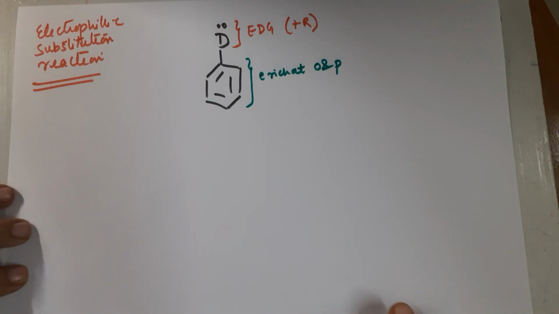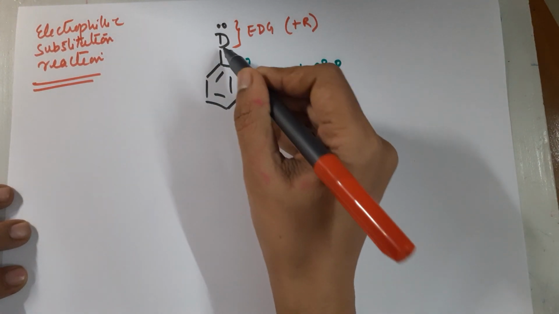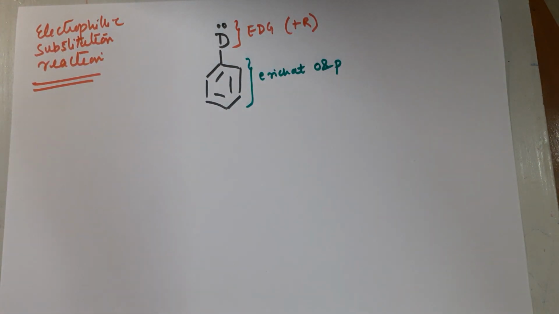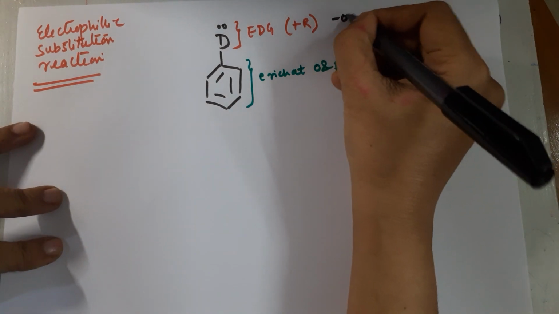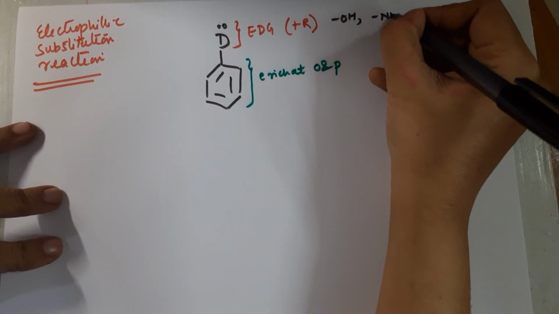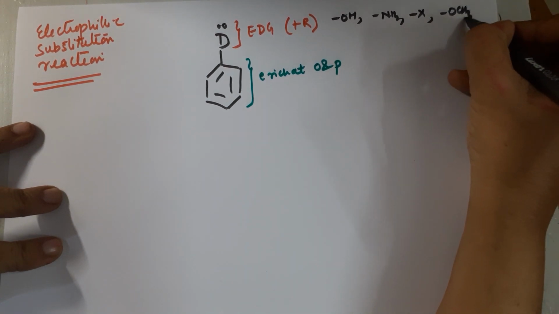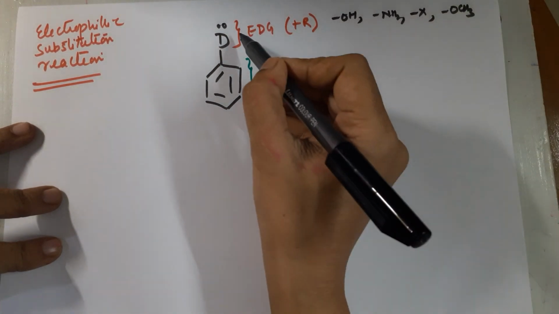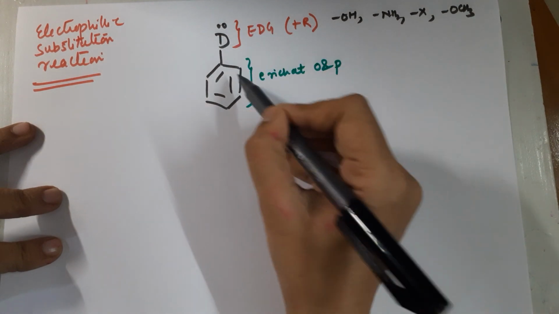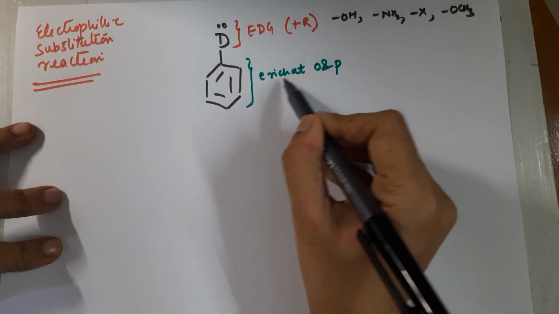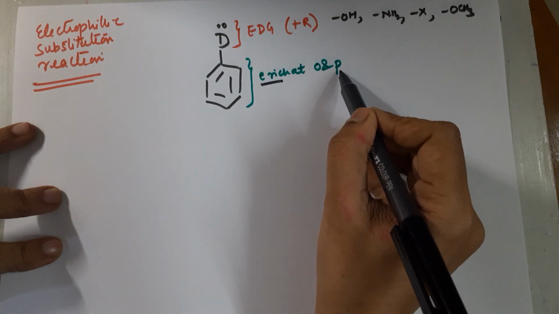Now before I summarize the lecture, let me give you one important point. Whenever you have benzene attached to a donor atom, I have already explained that these could be OH, NH2, any halogen, OCH3, etc. Then in that case, they donate the electron to the benzene ring. So your benzene ring gets electron rich at the ortho and para position.